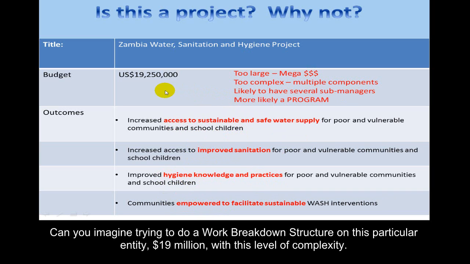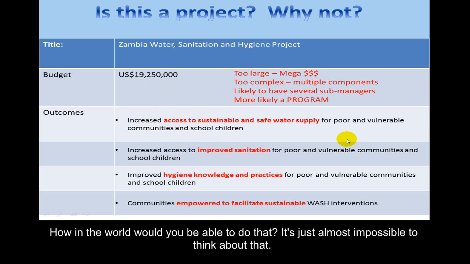Can you imagine trying to do a work breakdown structure on this particular entity, $19 million, with this level of complexity? How in the world would you be able to do that? It's just almost impossible to think about that.